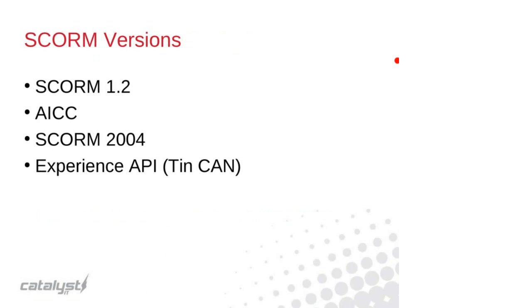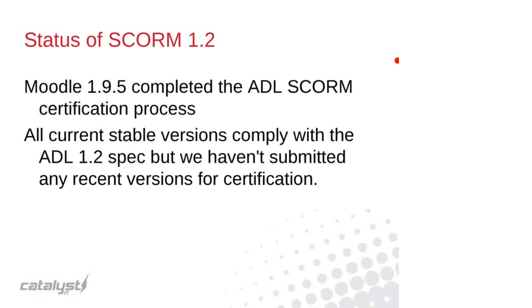There are currently 4 different SCORM versions that are loosely defined as being SCORM related. We have SCORM 1.2, AICC, SCORM 2004, and the latest version called the Experience API, commonly known as TinCan. SCORM 1.2 is supported in Moodle, and Moodle 1.9.5 went through the certification process with ADL, who are the SCORM specification body, and they provide a certification process as well as a testing process.